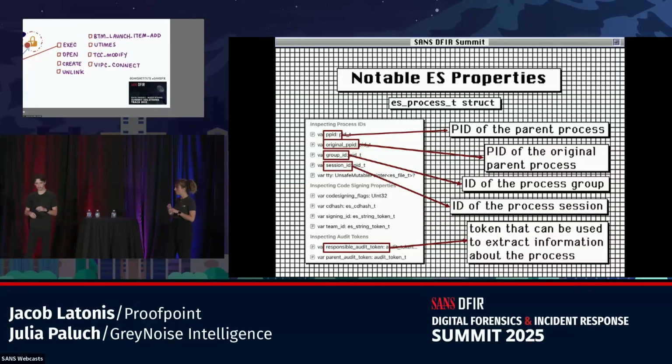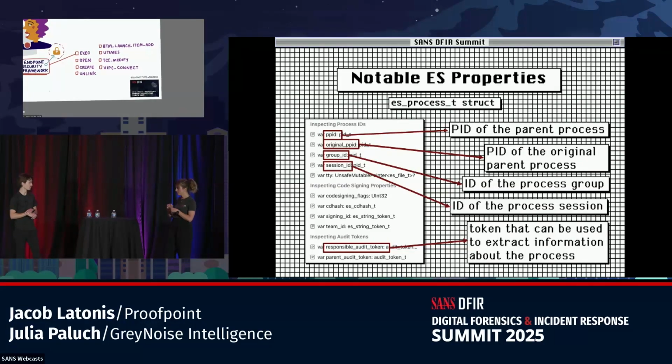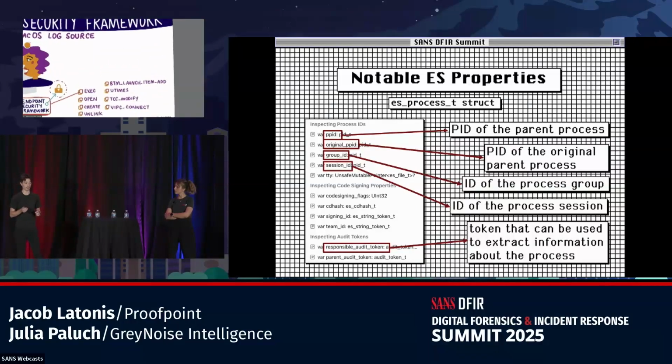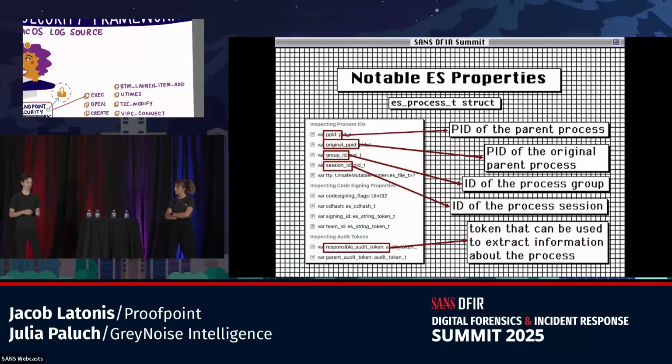And if we dive further into the process struct, we're going to get a lot of cool things to mention. So we get the parent ID, which is PPID, and then we also get the original PPID. So on Mac, processes can actually be reparented if the parent is closed or it dies before the child process. So to avoid having an orphaned child process, macOS will actually reparent that.